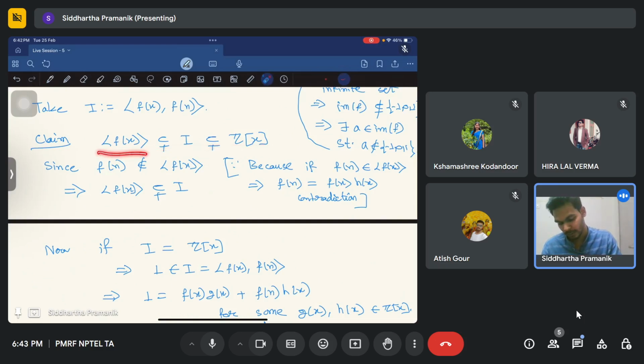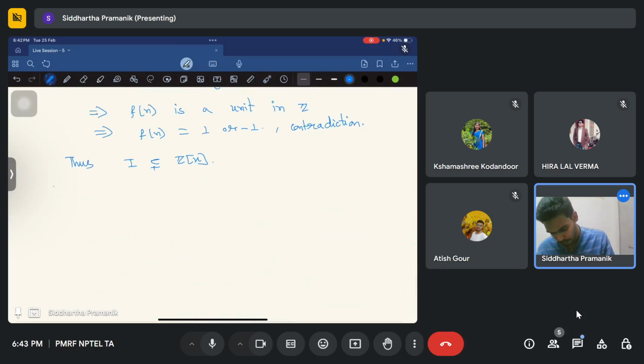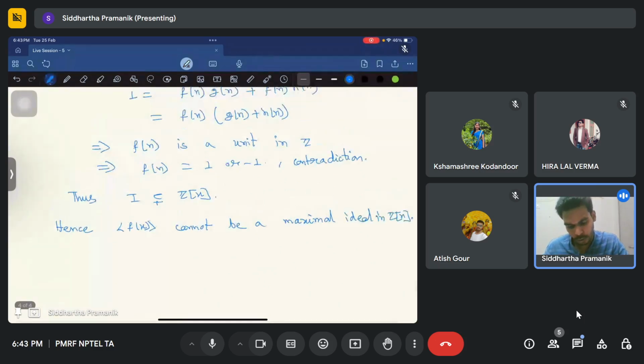So the ideal generated by f(x) cannot be maximal. Hence, the ideal generated by f(x) cannot be a maximal ideal in Z[x]. So, is it okay?